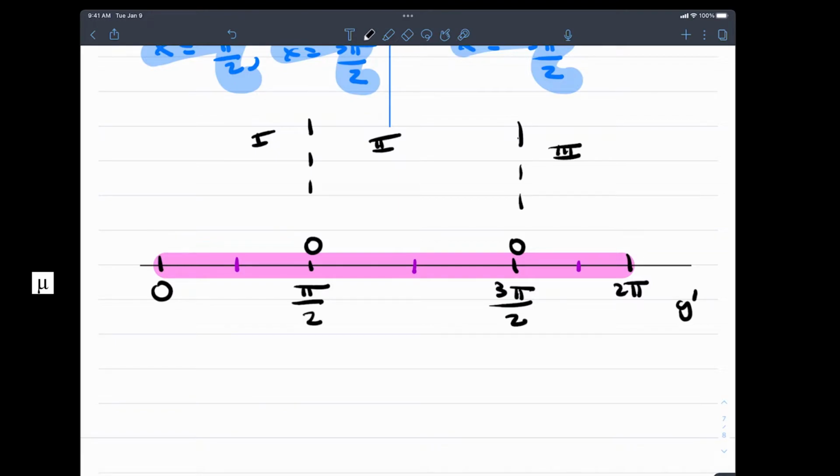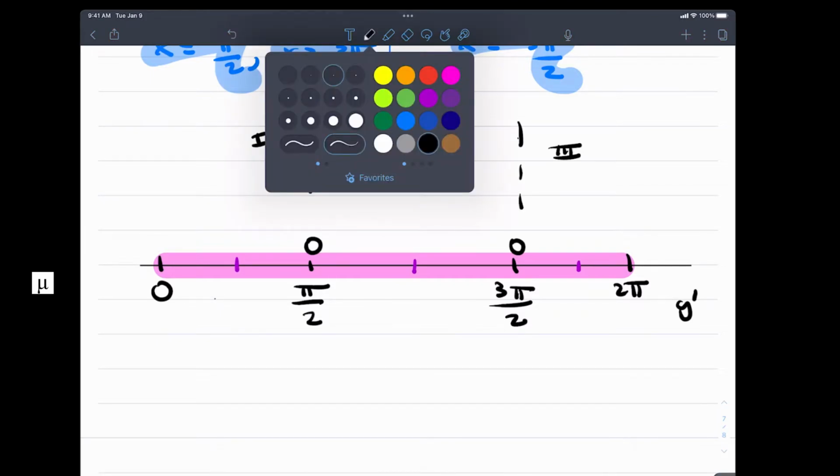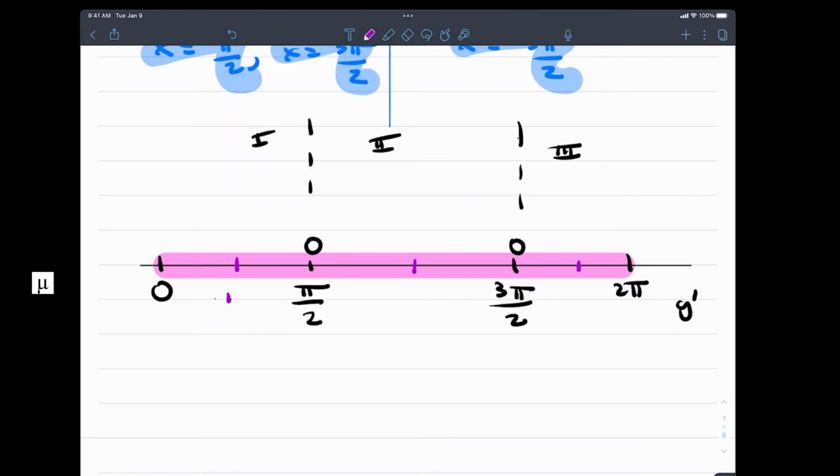What is in region 1? 90 degrees. What's less than 90 degrees? That's what I would use, pi over 4. And then what's between 90 and 270? 180? I would use pi. And then what is between 3 pi over 2 and 2 pi? That's 270 degrees and 360.